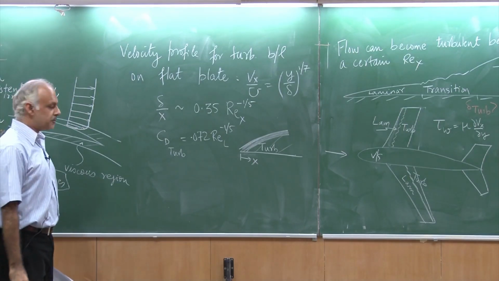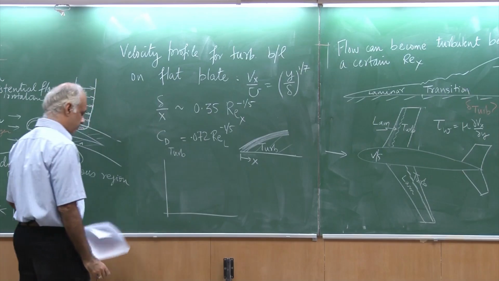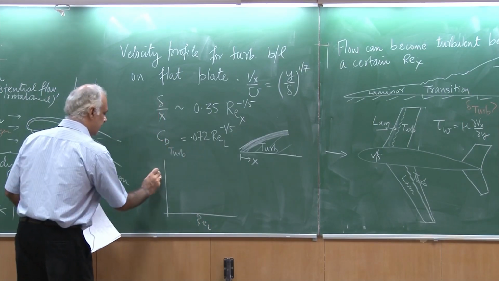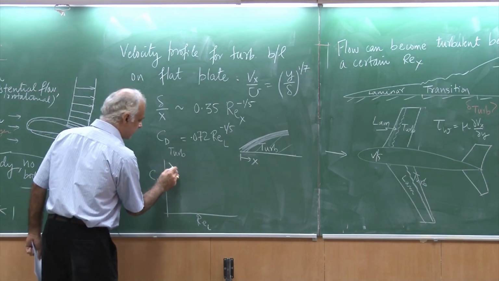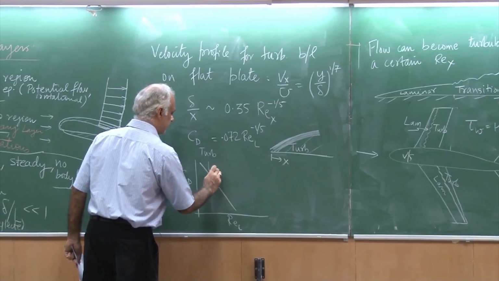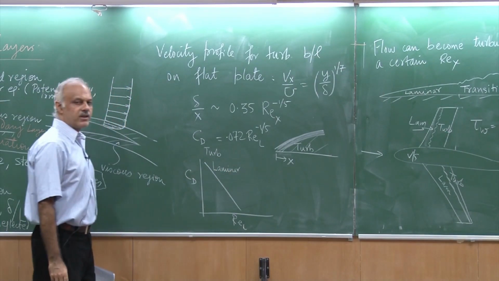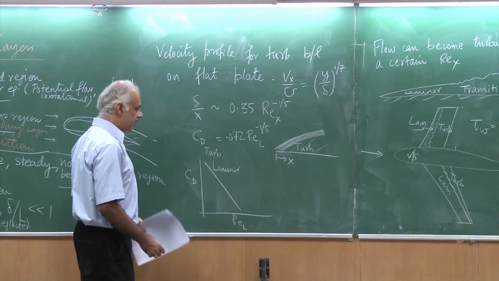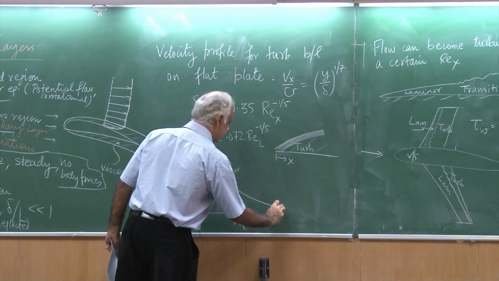Just to put this in perspective, if I draw a diagram, this is my Reynolds number and this is my drag coefficient. This is what I would see for laminar, on a log scale. I am plotting on a log scale. But for a turbulent, it would look something like this.